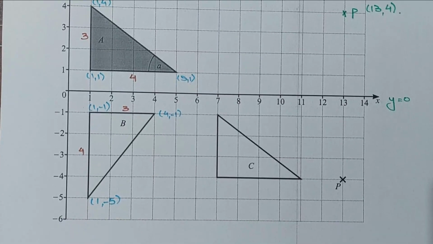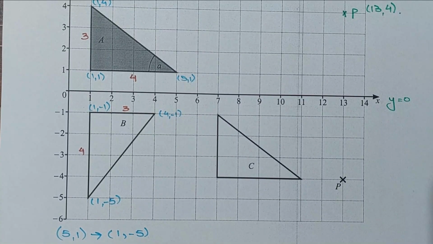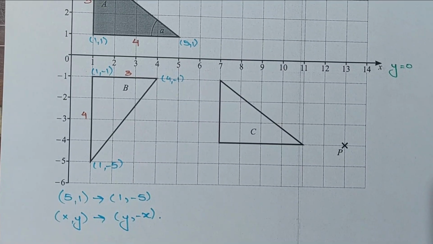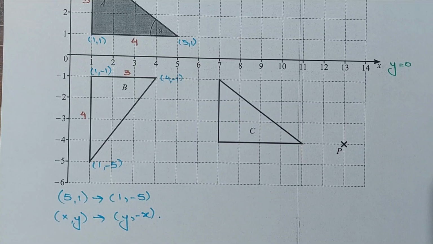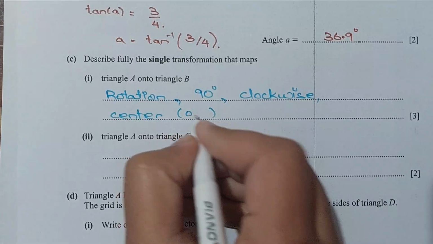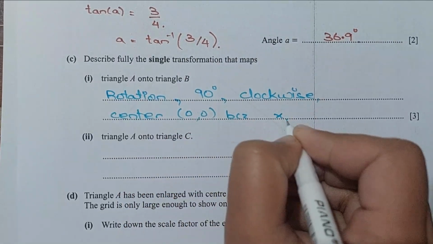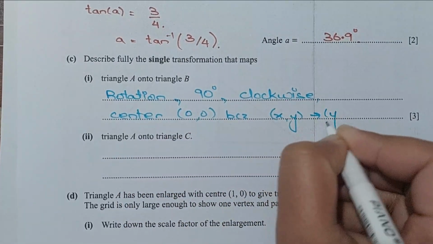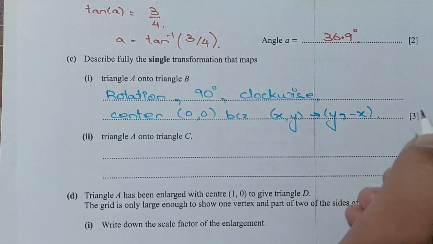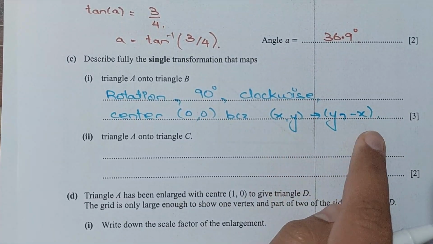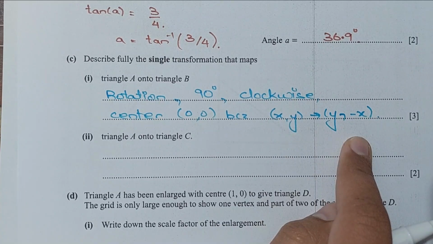Okay, so if we look at this 5, 1, this coordinate changes to 1 and minus 5. So this is x and this is y. This changes to y and negative x. So when we have a rotation 90 degrees clockwise about the origin, then x, y changes to y, minus x. So this is about the origin because x, y changes to y and negative x. Keep this in mind. Whenever x, y coordinate changes to y, minus x, it is a rotation 90 degrees clockwise.